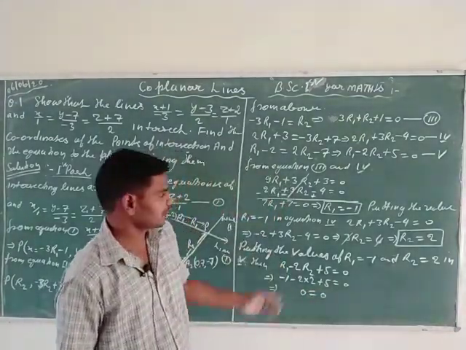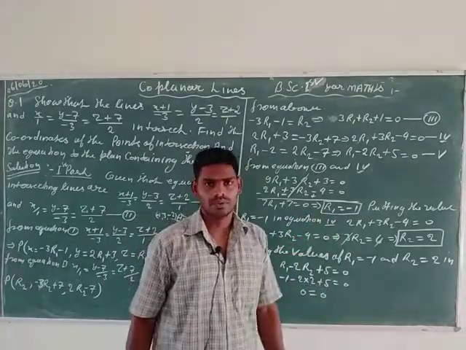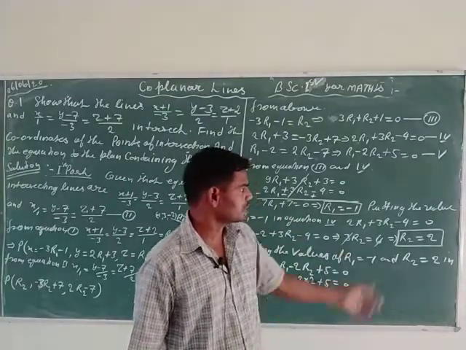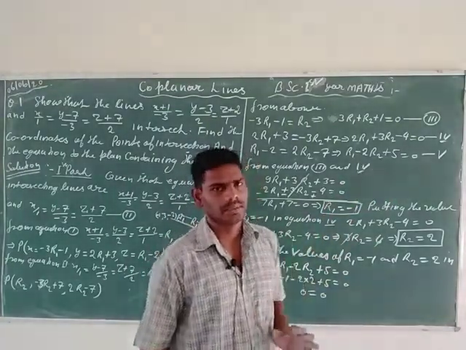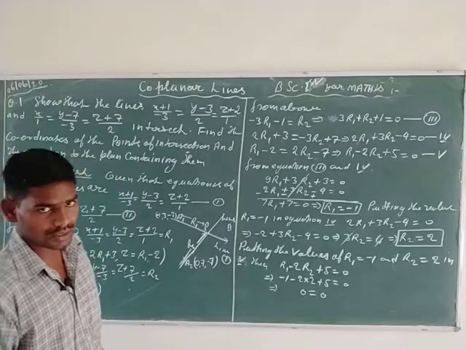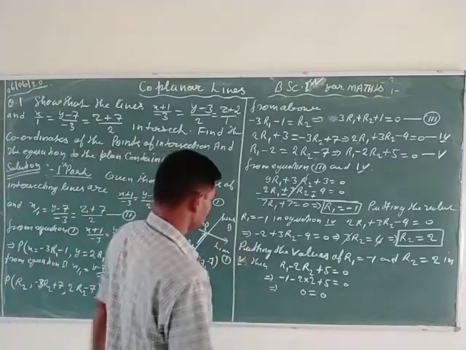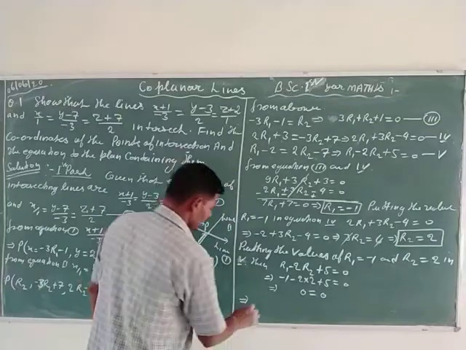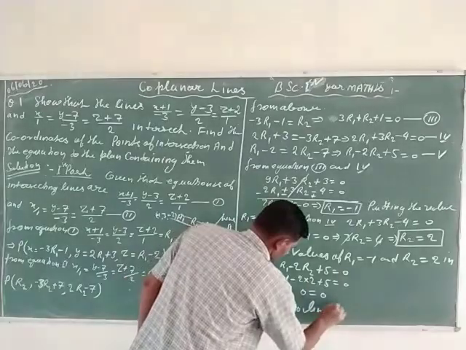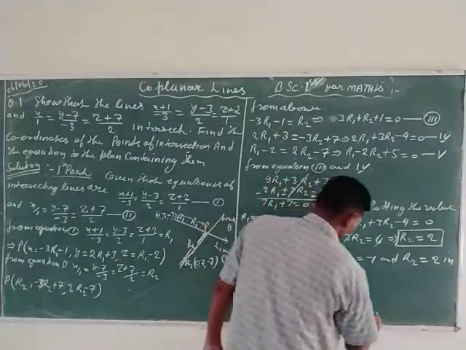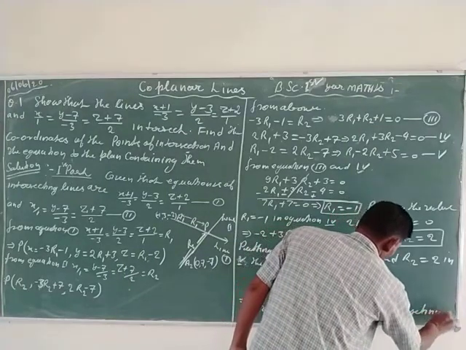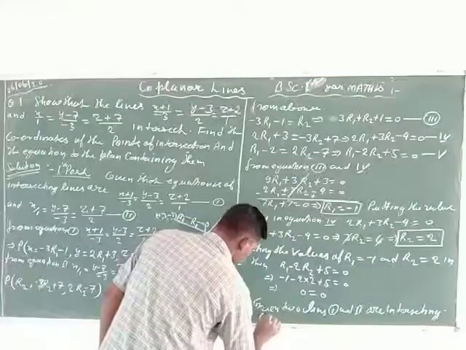Means the values of R1 and R2, which were calculated from equations 3rd and 4th, satisfy equation 5th. It is clear that the given two straight lines, first and second, are intersecting, meaning they are coplanar.